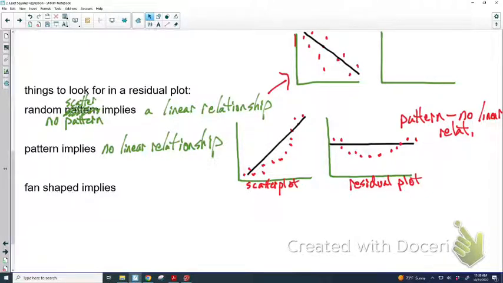And whenever I make my residual plot, I have random scatter. So this one is the scatter plot. And this one is the residual plot.